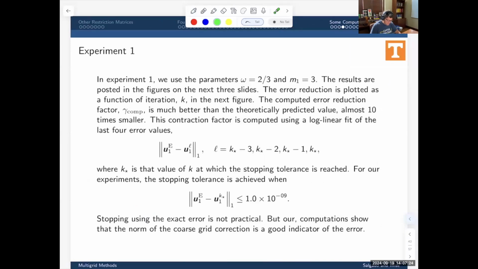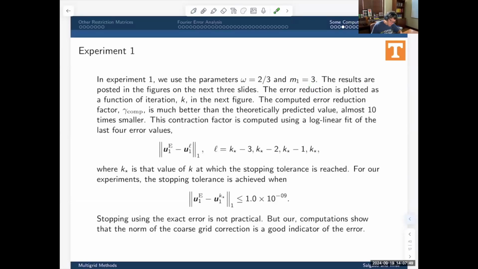In experiment 1, we're going to use our optimal smoothing parameter, omega equals 2/3. We're going to use M1 equals 3, so we're going to use the one-sided two-grid method. We're going to shut off post-smoothing and only use pre-smoothing, and use what the results suggest should be optimal. Just use 3 because that's going to save our computations.